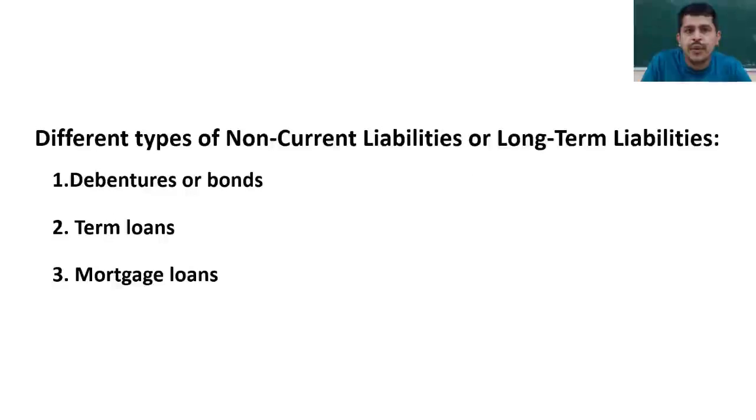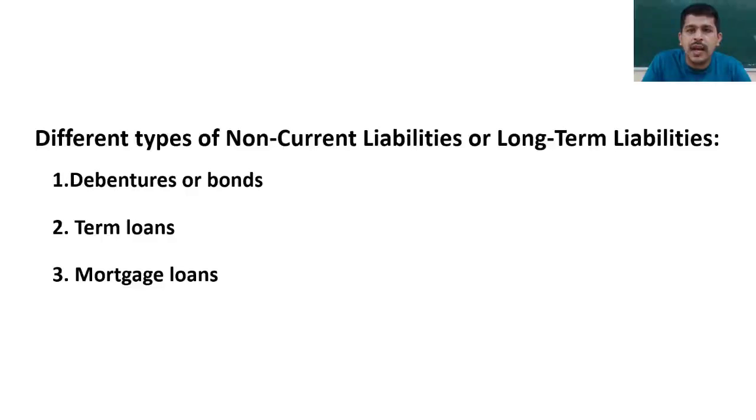Different types of non-current liabilities or long-term liabilities are as follows. Number 1. Debentures or bonds. Debenture or bond amounts are collected from the issue of debentures or bonds to the public. Number 2. Term loans.